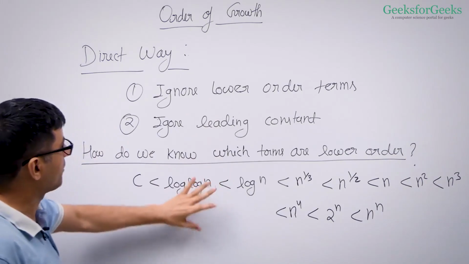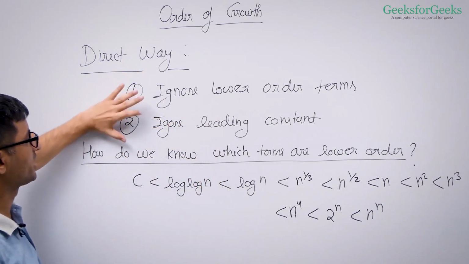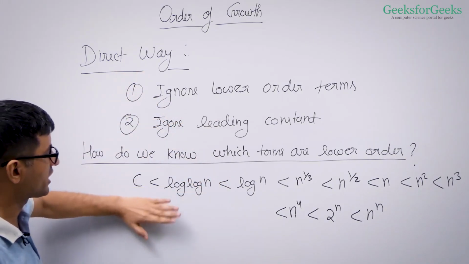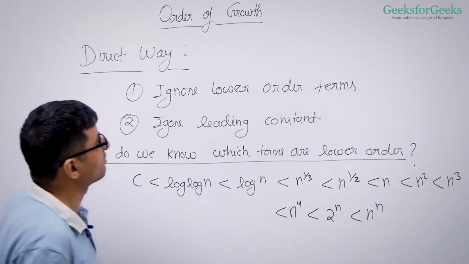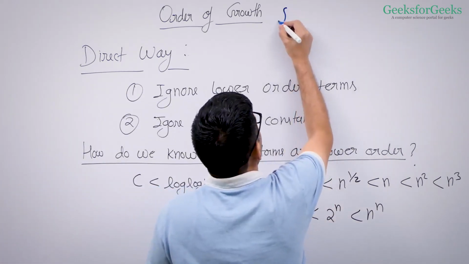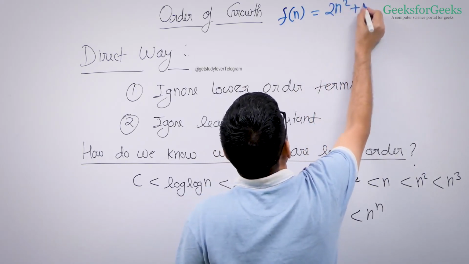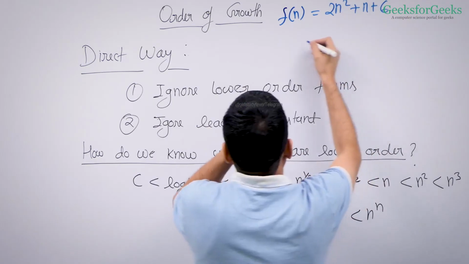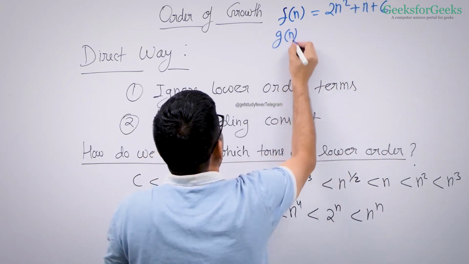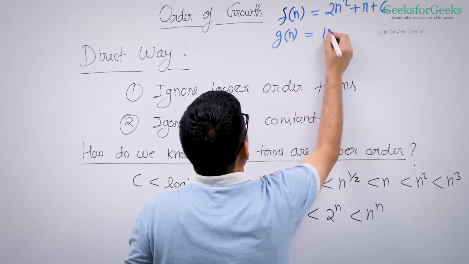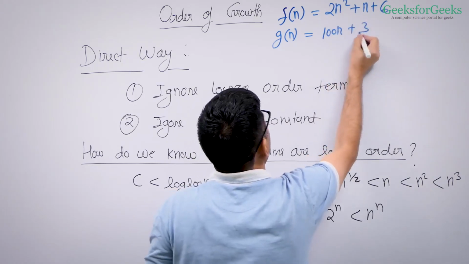Now we talked about ignoring lower order terms and ignoring leading constants, and then how do we decide which one is lower? Let's do some examples. Say I have a function Fn whose value is 2n square plus n plus 6, and I have another function Gn whose value is 100n plus 3.